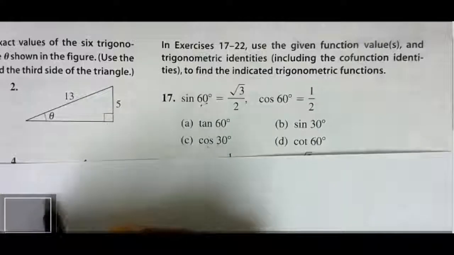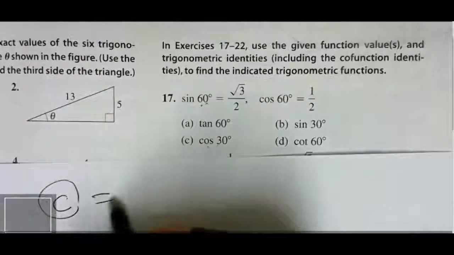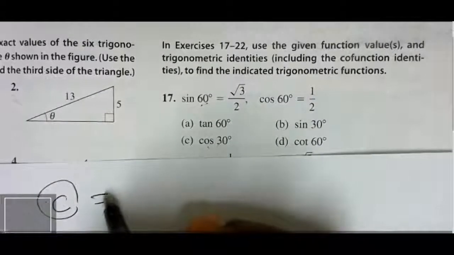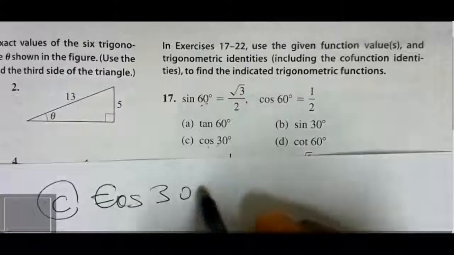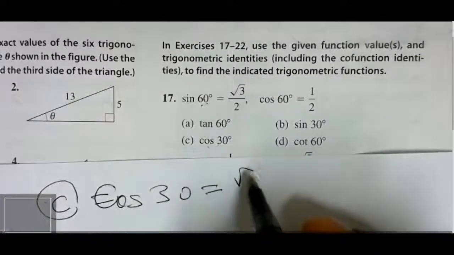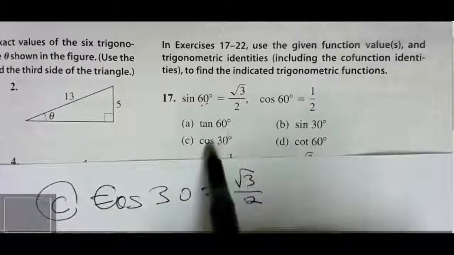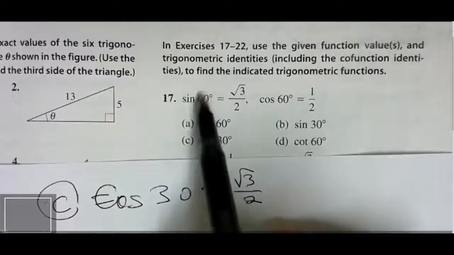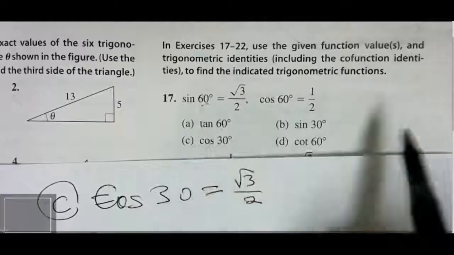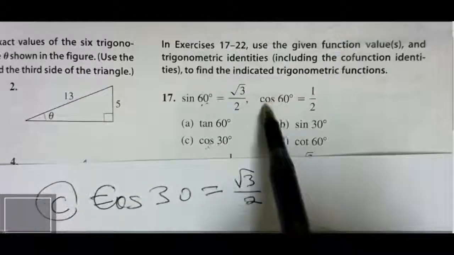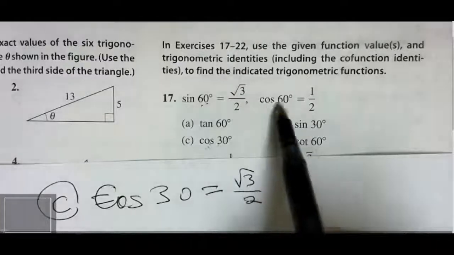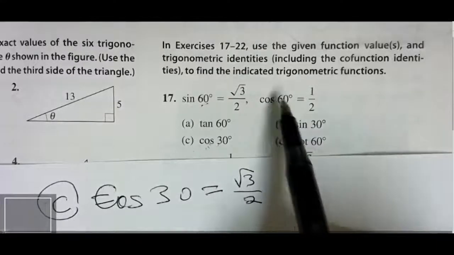So C right away, cosine 30, is going to be the same thing. It's going to be square root of 3 over 2, because they are complementary, sine and cosine, 30 and 60. So cosine 60 is going to be complementary to sine 30.